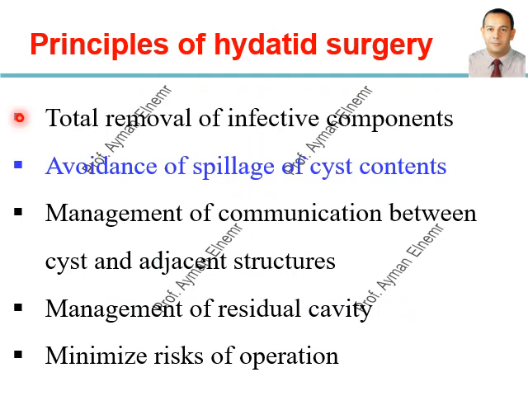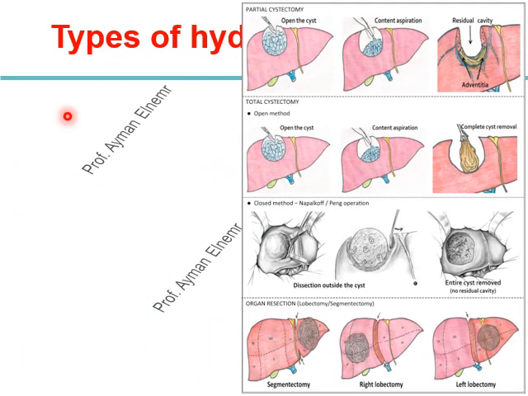The principles of hydatid surgery are to totally remove the infective components, avoid spillage of the cyst contents, manage communication between the cyst and the adjacent structures, manage the residual cavity, and minimize the risk of the operation. Types of hydatid surgery are four. Number one, cystectomy.